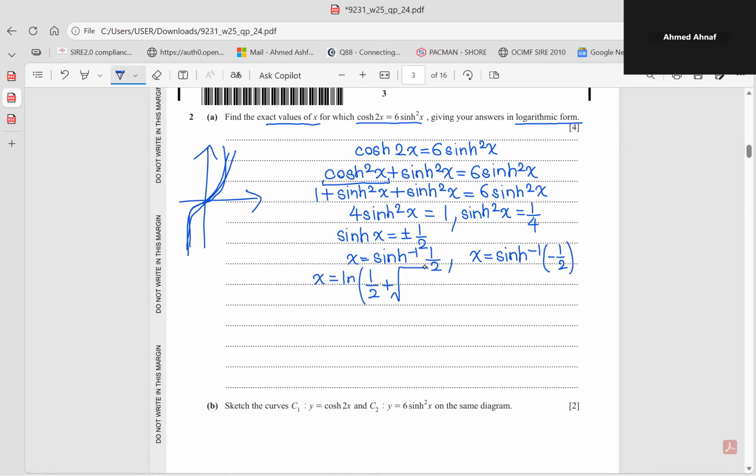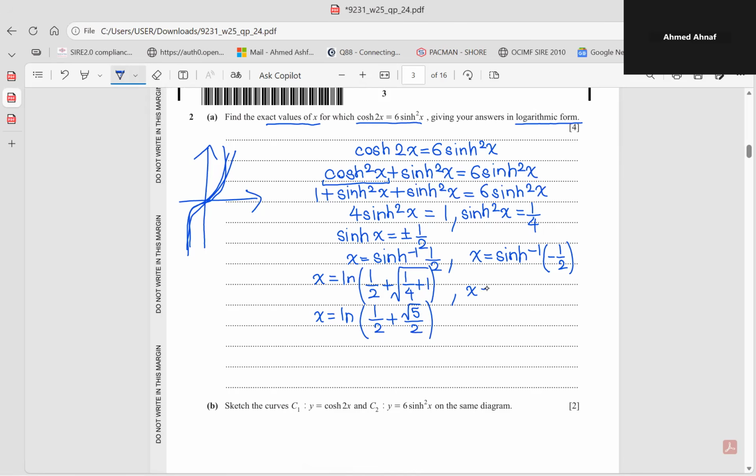So x squared is 1 over 4 plus 1. So this would just be ln of half plus the square root of 1 over 4 plus 1, that is 5 over 4. So the square root of 5 over 4 is square root 5 over 2.